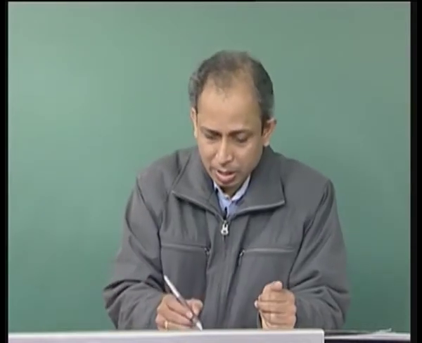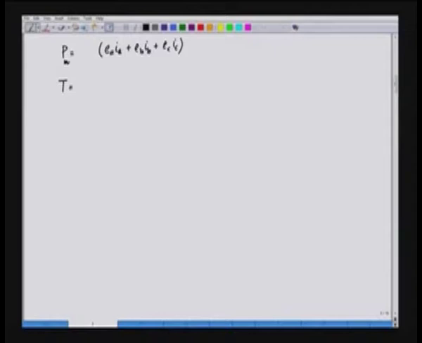So, the torque here T is equal to Pm by the mechanical speed omega r m, that is equal to P by 2 into Pm by omega r, because we know that the mechanical speed is the electrical speed divided by pole pair. So, omega r by P by 2 is omega r m.